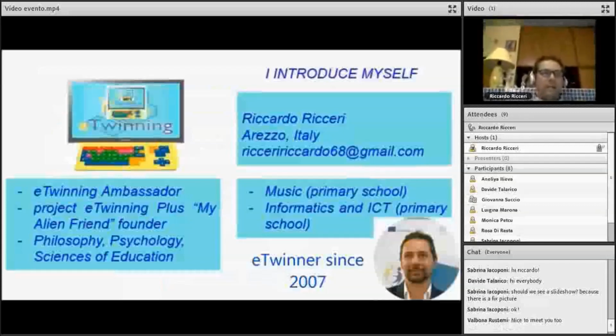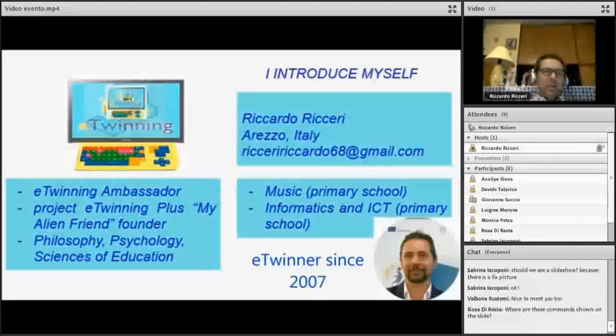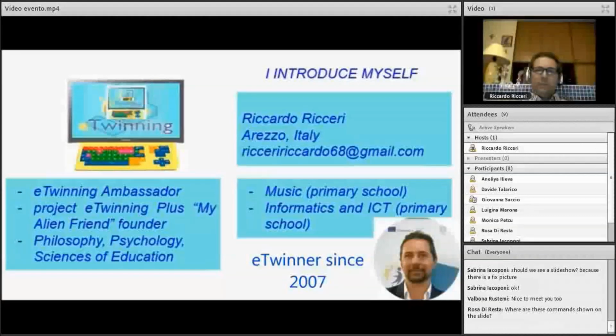I am an eTwinning ambassador, and one of the most beautiful experiences in eTwinning for me was the eTwinning Plus project, My Alien Friend, because it was a very collaborative project, a very big project, because it involved about 60 schools from different countries. And I have been a philosophy and psychology teacher at high school since 2007.